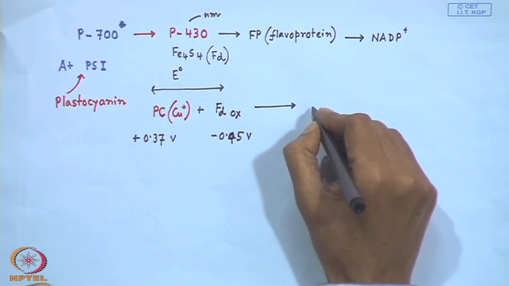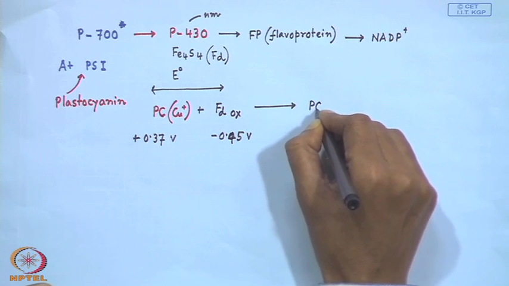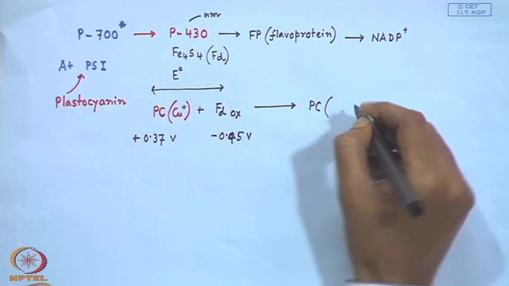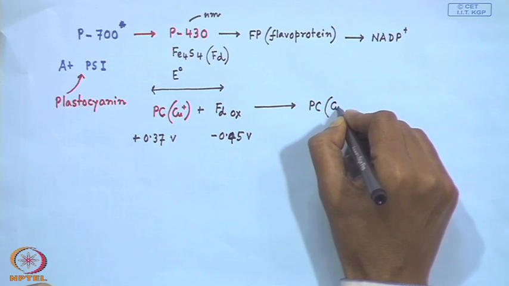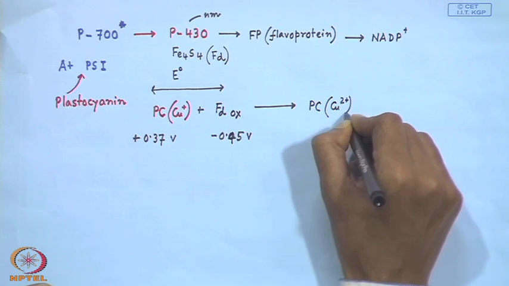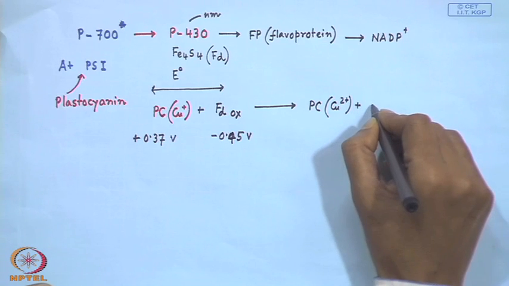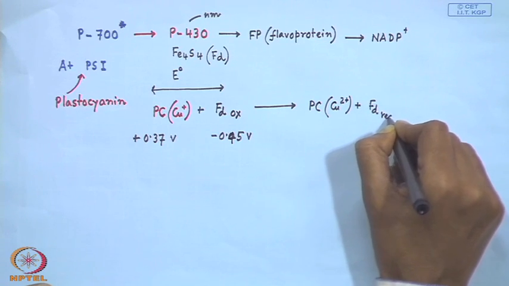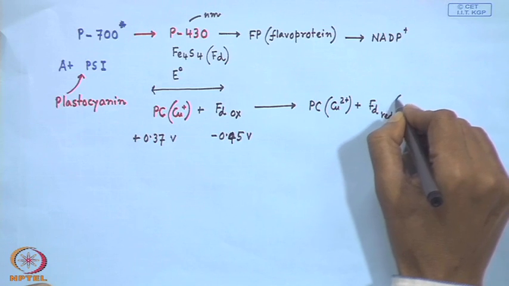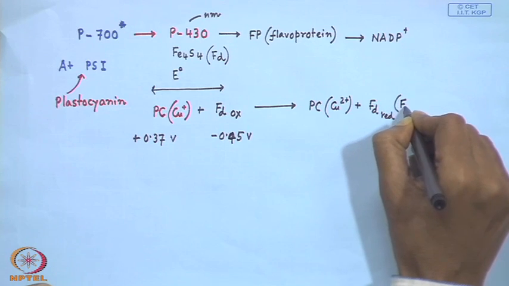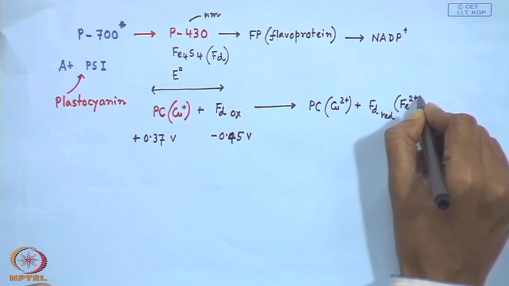So, this gives us oxidized plastocyanin, Pc being plastocyanin in the oxidized form, and ferredoxin in the reduced form, which is Fe2 plus.